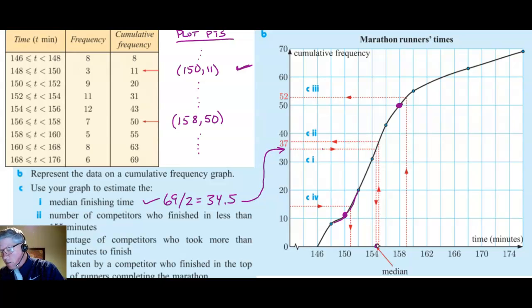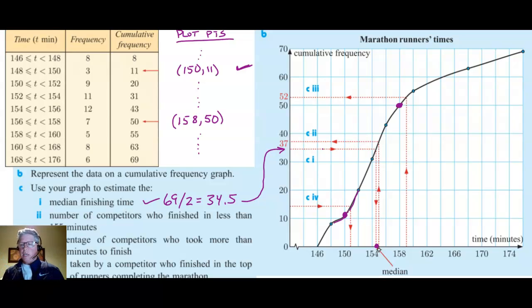So maybe you estimate that to be, well, that's 156, 154.7 minutes. I don't know. Do you see that? I don't care. This is not about getting the exact value. It's about estimating using a graph.